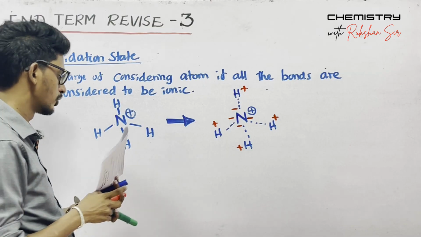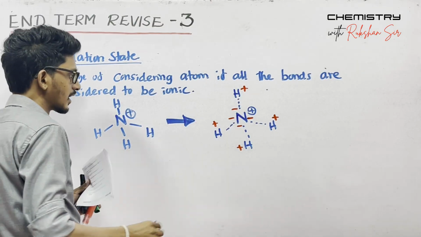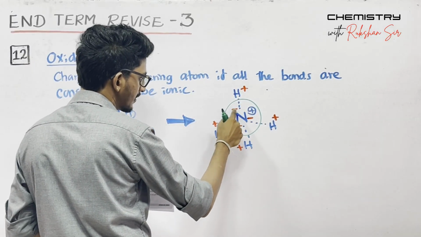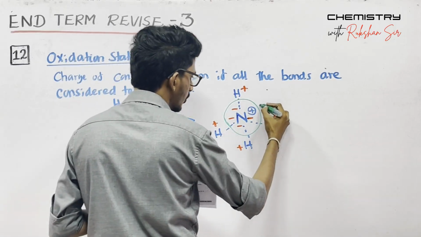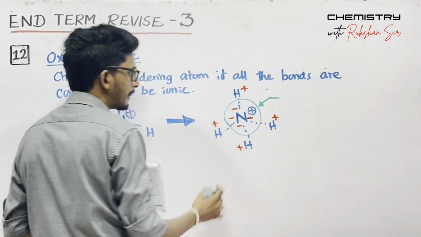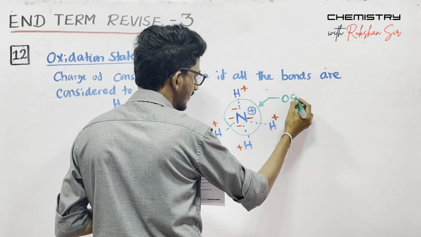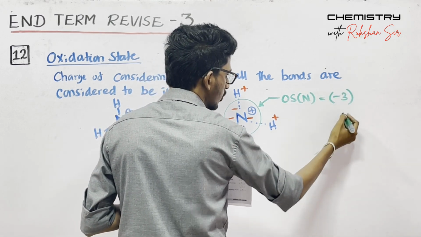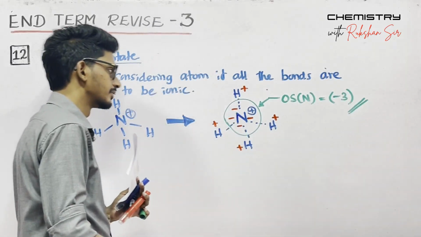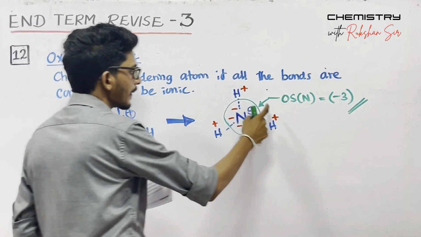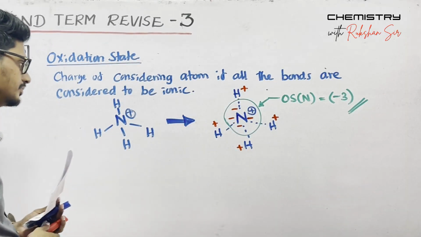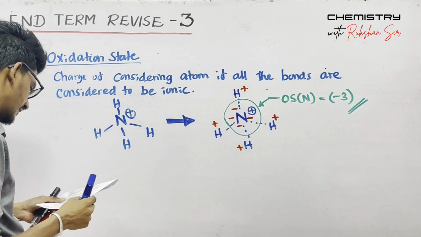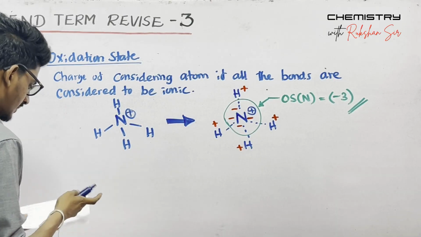If you have to come up with the charge around the nitrogen in this case, you clearly see it is -1, -2, -3, -4, and +1. So the charge around that nitrogen is -3. So the oxidation state of nitrogen here is -3. Normally oxidation states are denoted inside brackets. The oxidation state of nitrogen is -3. The next stuff is about the valency.